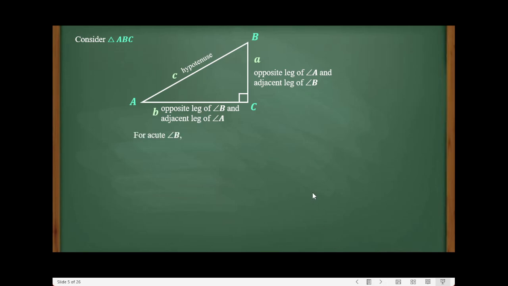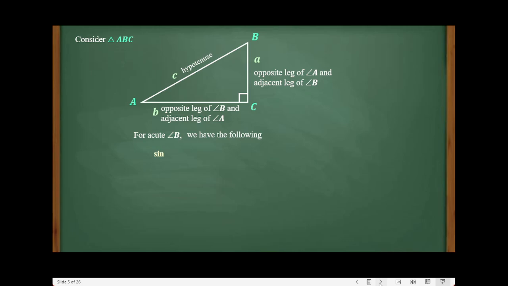Now, for the trigonometric ratios in reference to acute angle B, we have these two ratios. First one is sine.